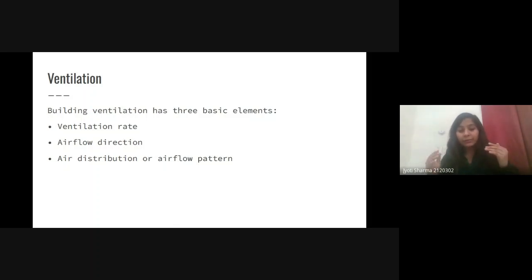It may be that you have windows on adjacent sides, not on opposite sides. Then the airflow will be different in that condition. So keep in mind that with the position of your ventilation space, ventilation will be different. Air distribution and flow pattern are all related to how you construct your home. And the ventilation rate is how much space you give to let the air pollutant in or out.